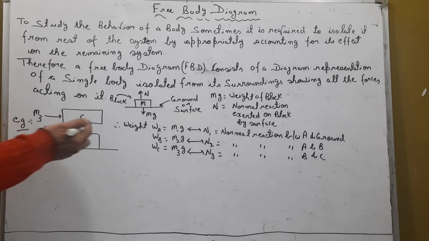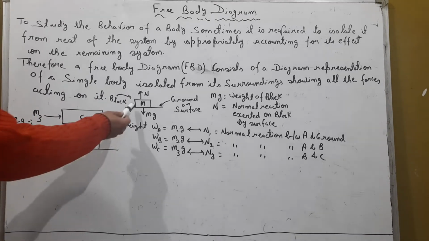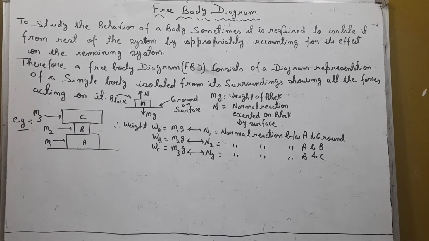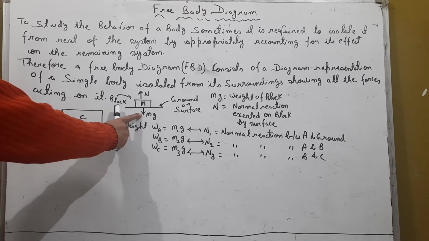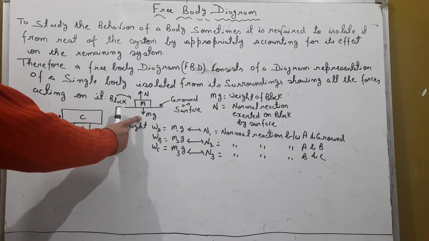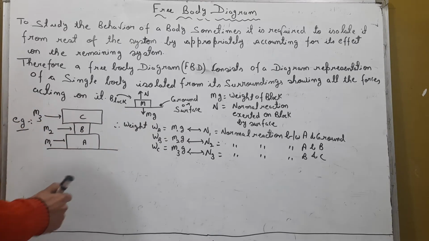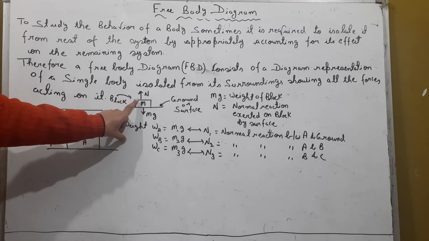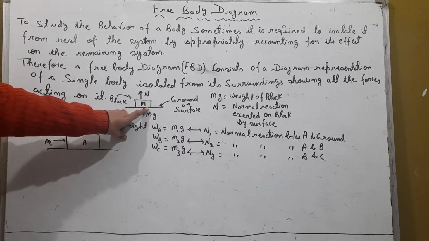So let us see. I will take an example of one block over here. So here is one block, say its mass is m. What are the forces working on it? We just have to check it out. The force working on it is the force mg. mg is the weight of this particular body, which is always downwards, as it is under gravity. And N is the normal reaction force, which is exerted by the ground or surface on this block.